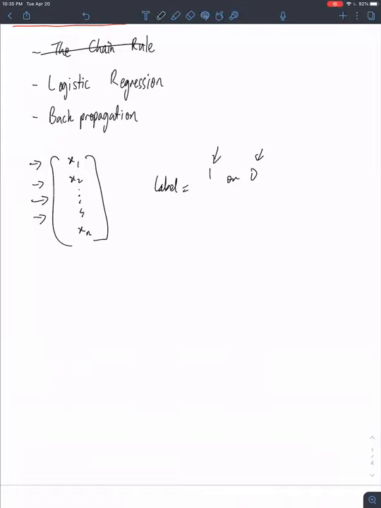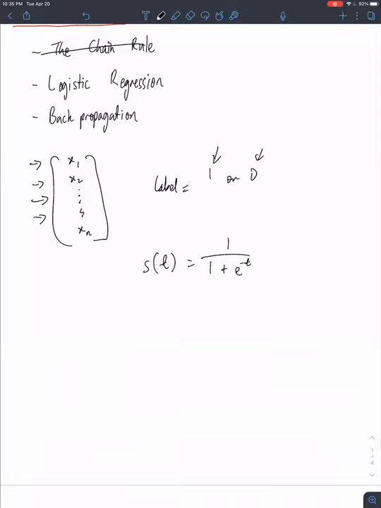Well, we use this function called the sigmoid function, which is called S in the notes. So S of some input, let's call it T. S of T is 1 divided by 1 plus e to the power of minus T, right? So what's going on with this function?